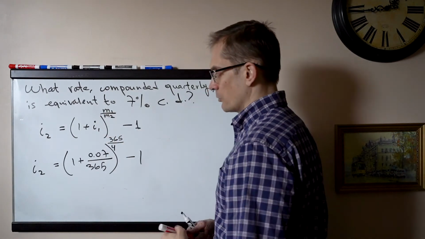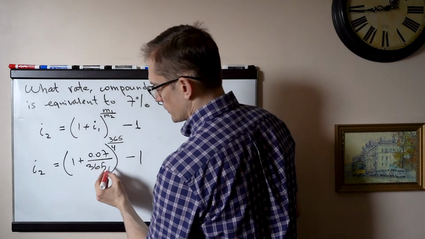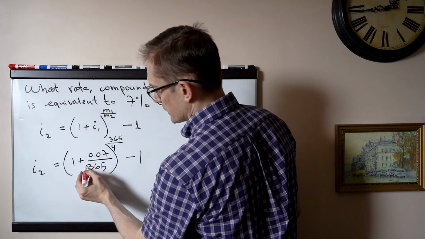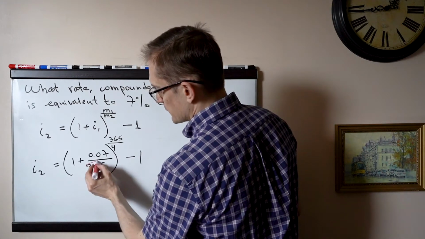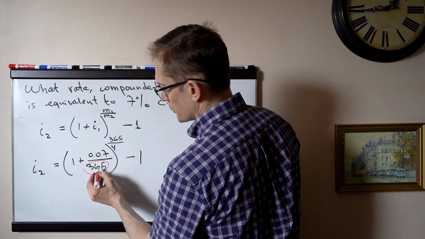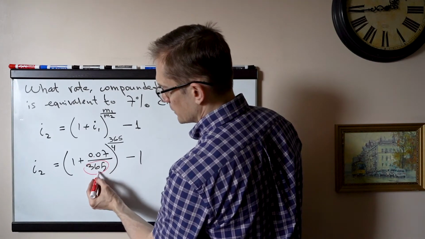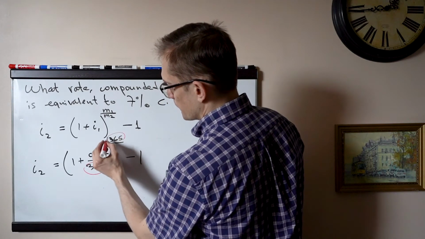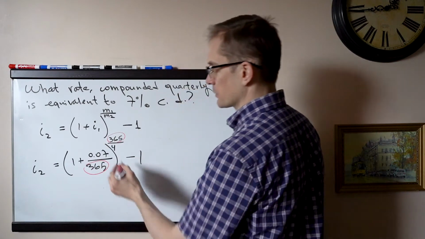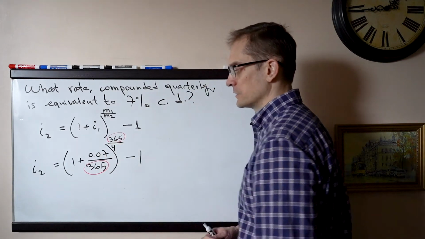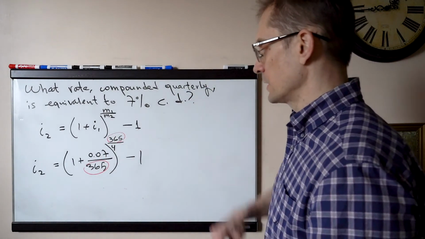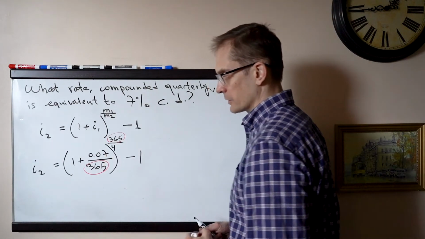Just one easy way to remember this and orient yourself is that if you divide this rate by 365 here, so if 365 is the denominator, it's actually going to be the top part of the fraction, the numerator of the exponent.